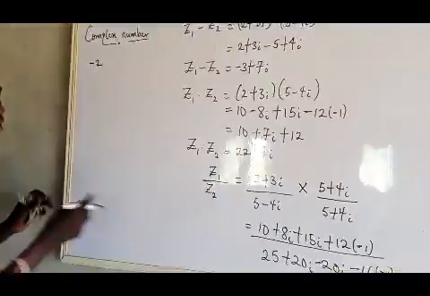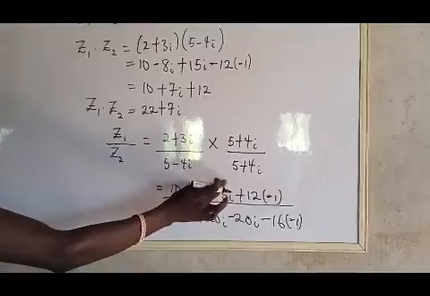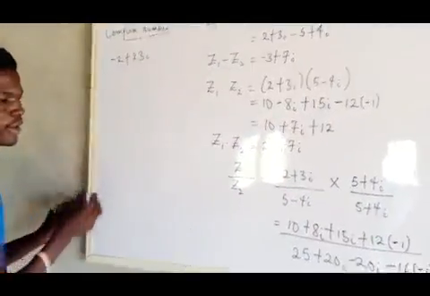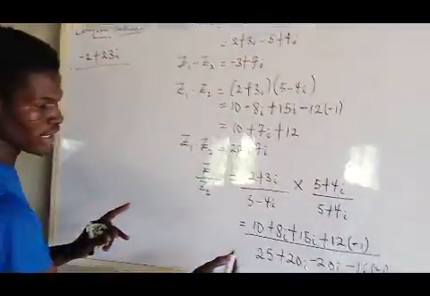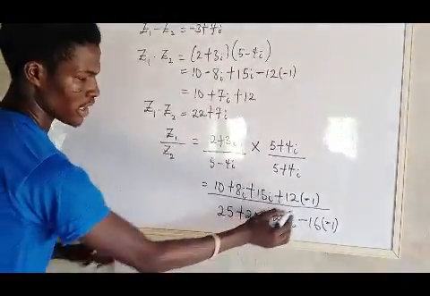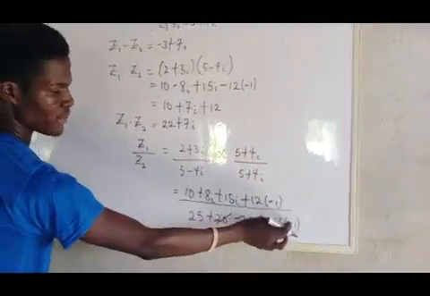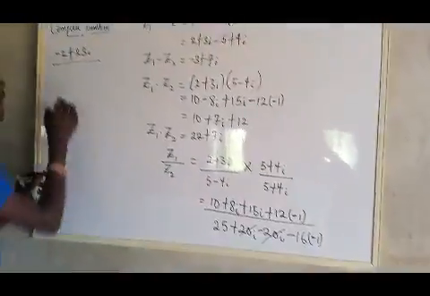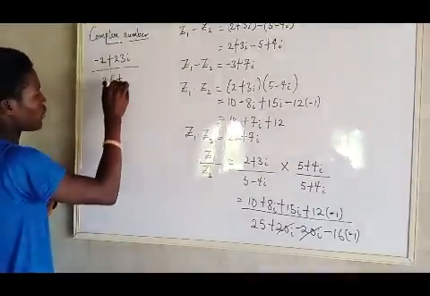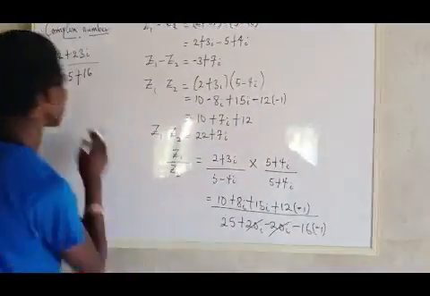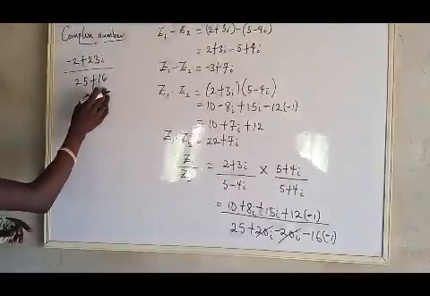Then 8i plus 15i will give me 23i. All over, if you look at this place, 20i will cancel 20i. Then 25, and minus times minus is plus, so that is 25 plus 16.